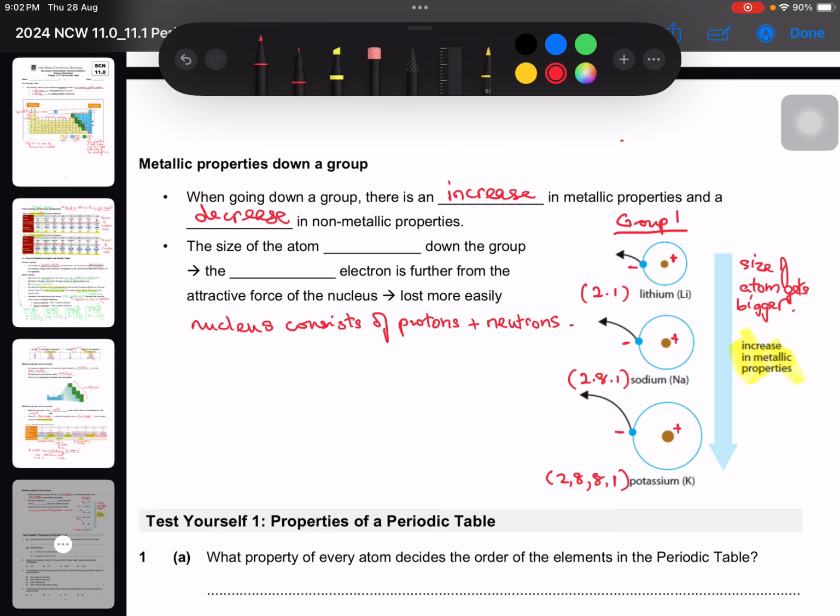What charge are protons? Plus charge. Neutrons, no charge. So overall, what charge does the nucleus have? Overall, the nucleus is positively charged.